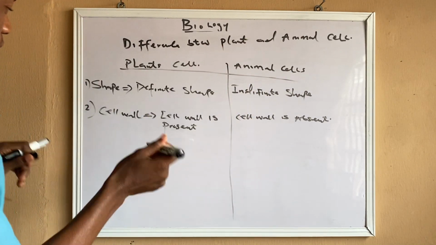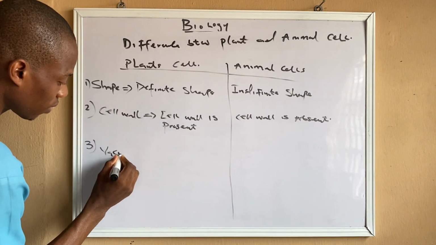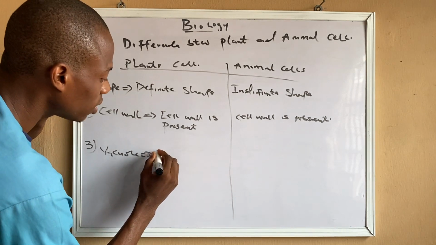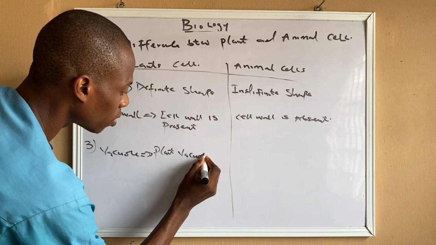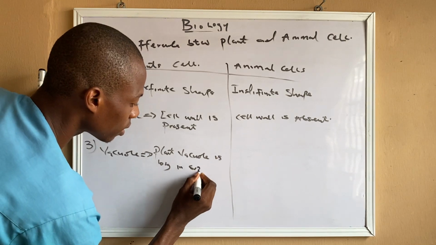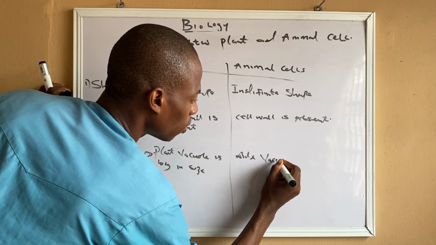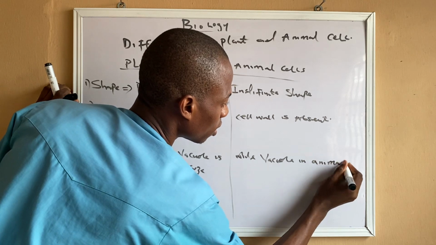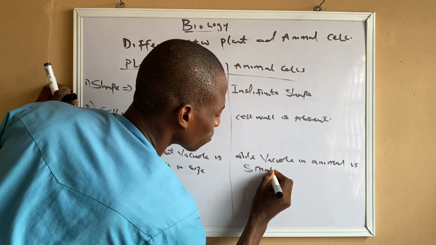Three, vacuole. They both have vacuoles, but the plant vacuole is big in size, while the animal vacuole is small, very small.